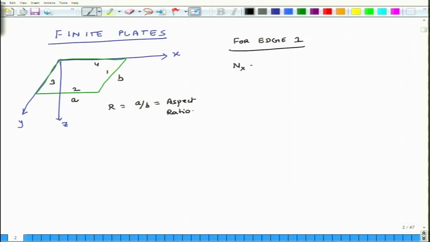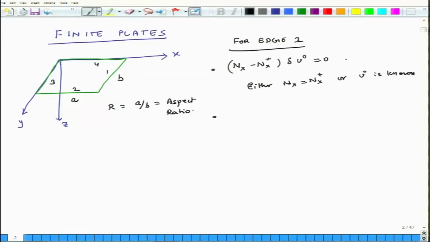So, (nx minus nx plus) times delta u naught is equal to 0. This is the first boundary condition, which means either nx equals a known nx plus or u naught is known. Each edge will have 4 boundary conditions. This first boundary condition comes from the first equilibrium equation, which is del nx over del x plus del nxy over del y equals 0.